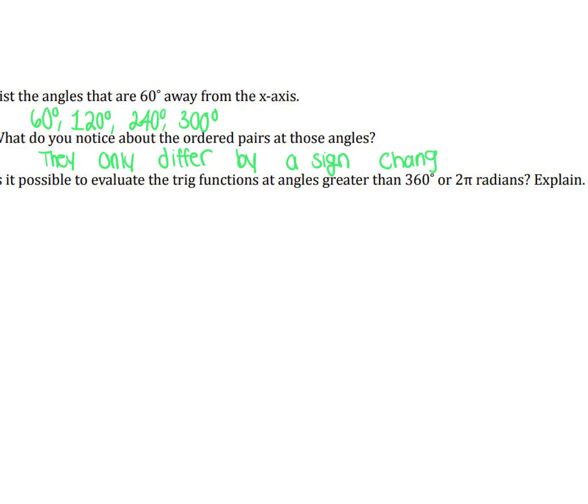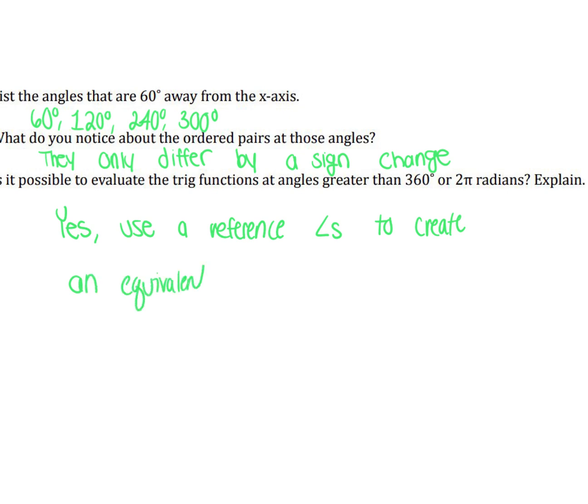Is it possible to evaluate trig functions greater than 360 degrees or 2 pi? Yes. Use a reference angle. That's why we learned about reference angles previously, because you use the reference angles to create an equivalent angle that exists in the unit circle.